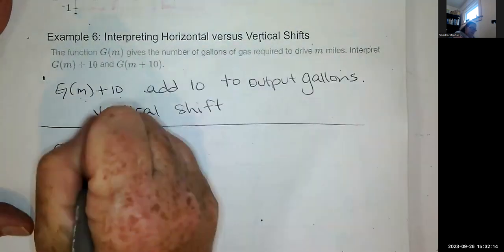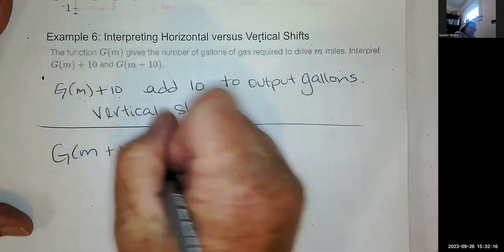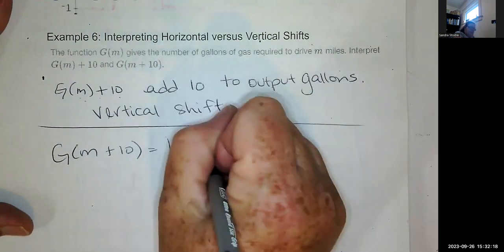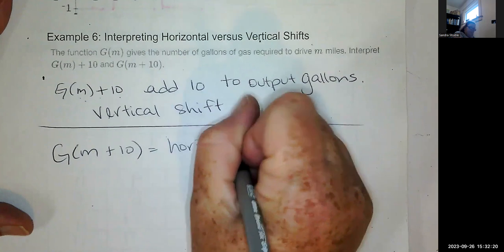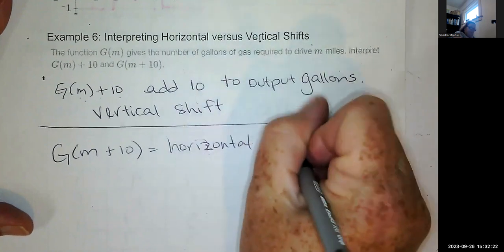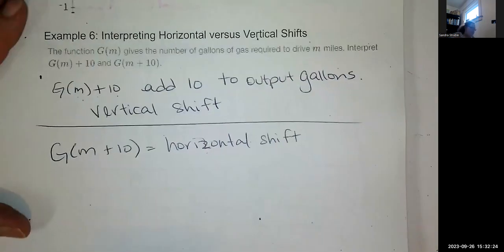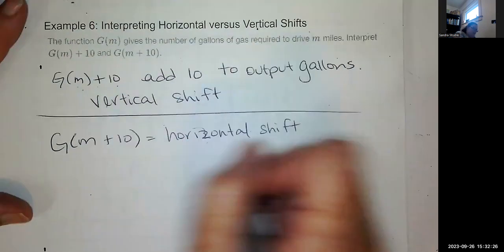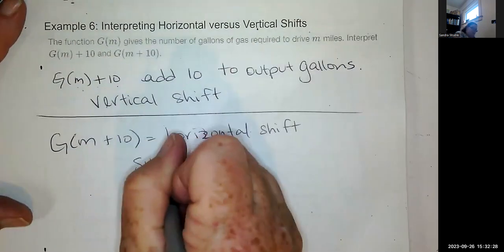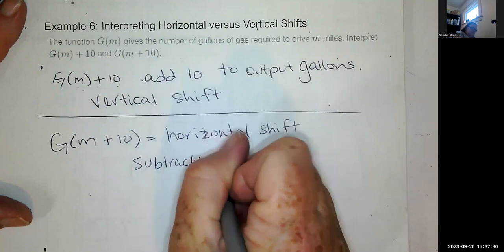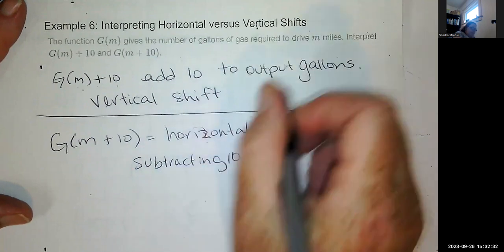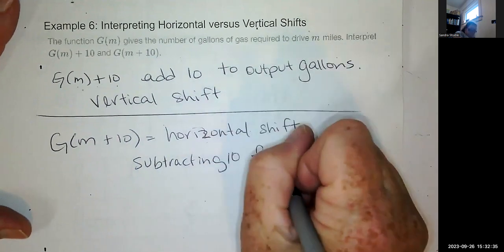G of m plus 10 is a horizontal shift. And it's actually going to use less. So it's subtracting 10 from the miles.